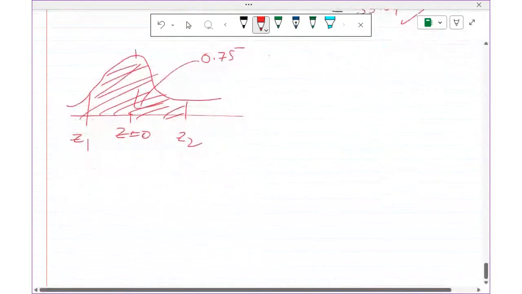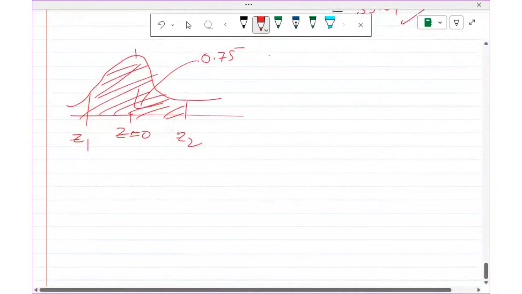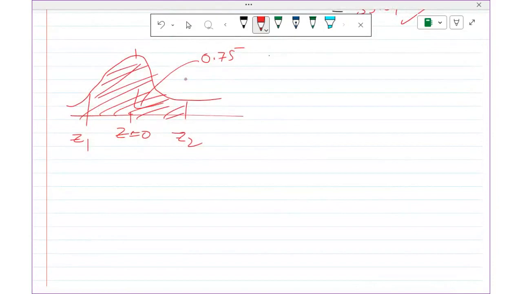And now students, we have to find two values so that the center area, middle area, is 0.75. Now because they're asking about the central area or middle area, so Z1 and Z2 must be the same in magnitude, but their sign will be opposite.